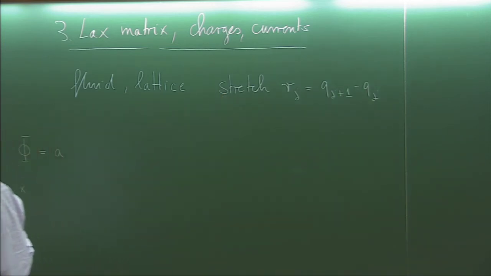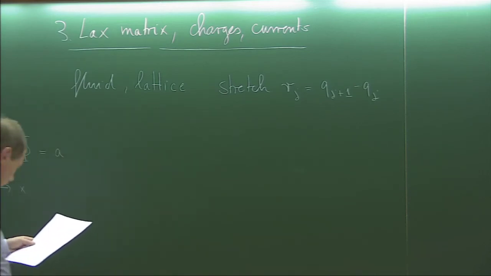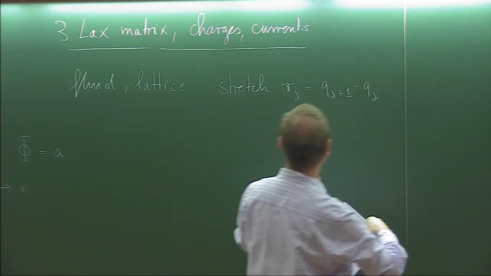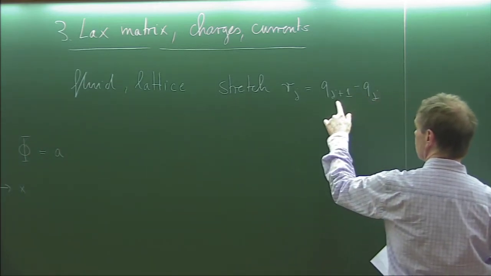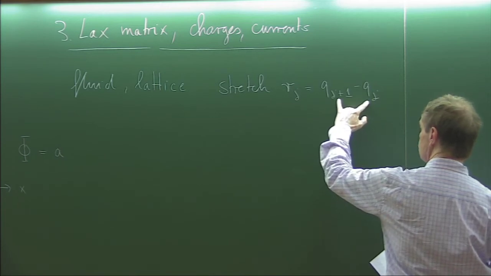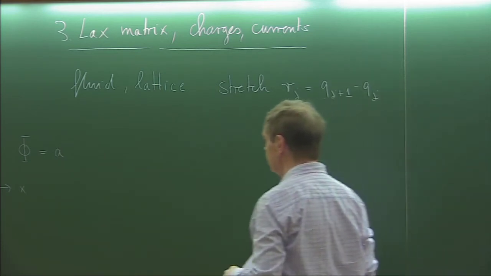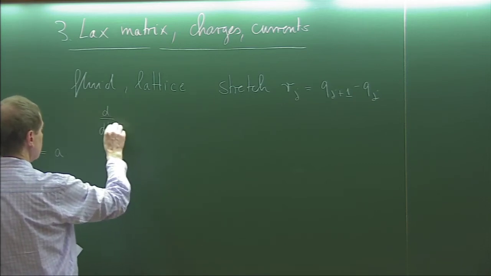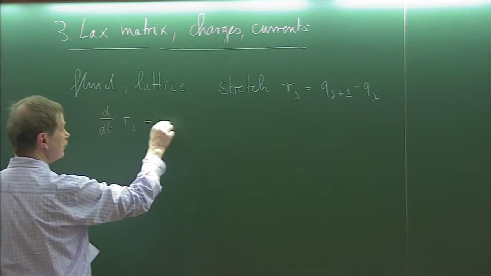And then you decide to rewrite your equations of motion in terms of the stretches. Sometimes people also call this free volume because it's a volume between the particles with neighboring lattice index. And so now you can write d/dt of Rj. Well, that's easy, you just differentiate.